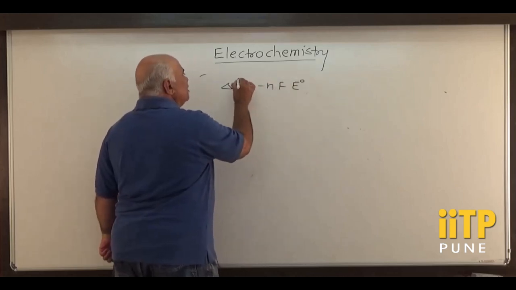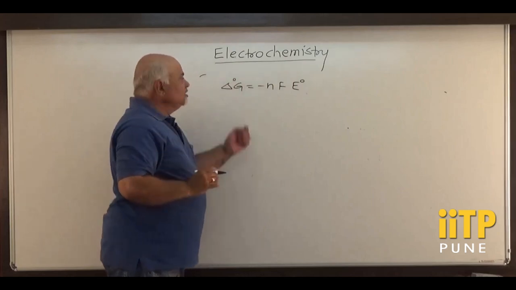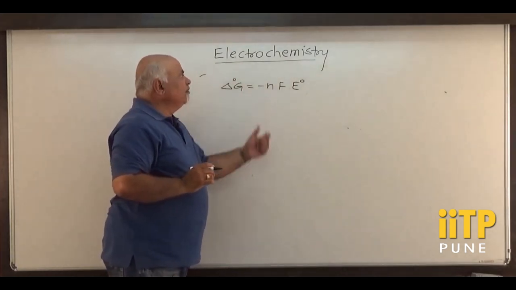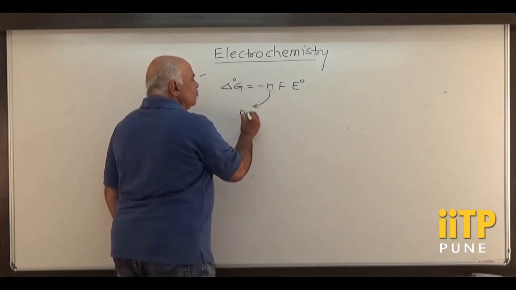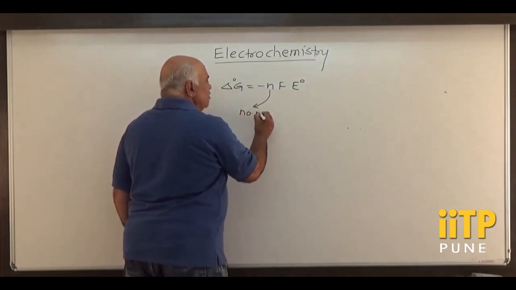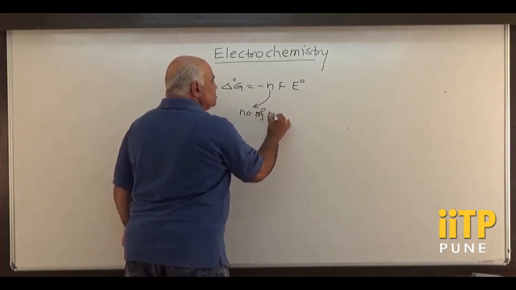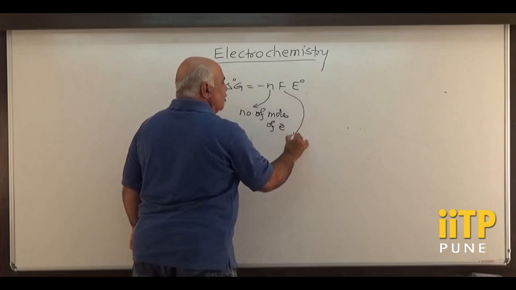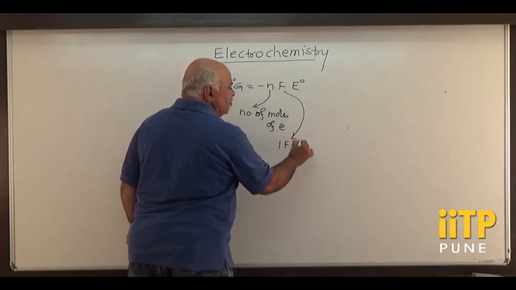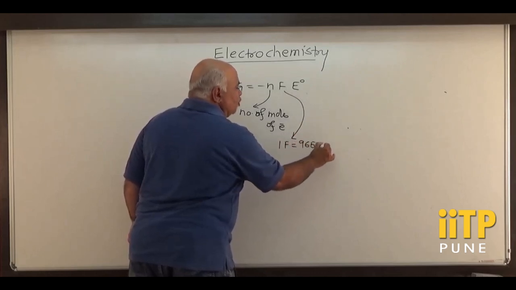We put E naught, delta G naught, the standard free energy change, equals minus nFE naught. This n is the number of moles of electrons. F is 1 Faraday of electricity, which is 96500 coulombs.